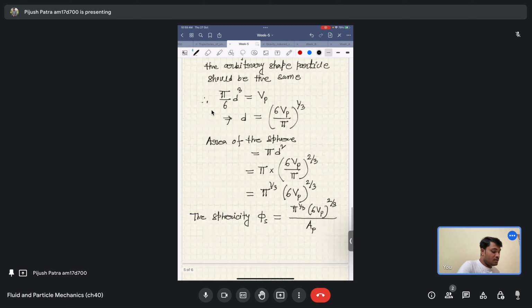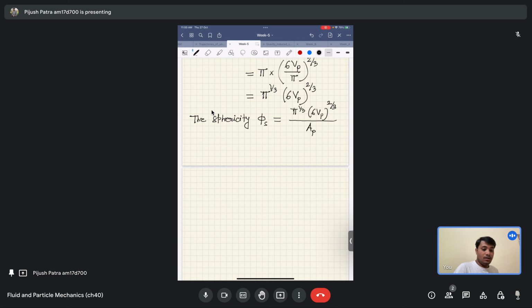That is the definition of the sphericity. Now we will use this.